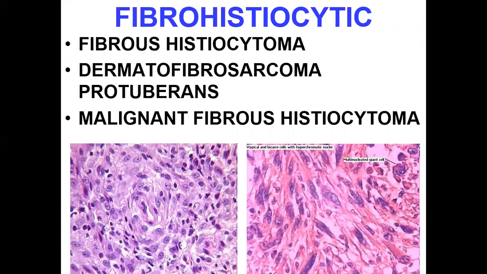So then are fibrohistiocytic tumors: benign fibrous histiocytoma, then dermatofibrosarcoma protuberans, and then malignant fibrous histiocytoma. The benign one is this fibrous histiocytoma, and dermatofibrosarcoma protuberans is borderline malignant.